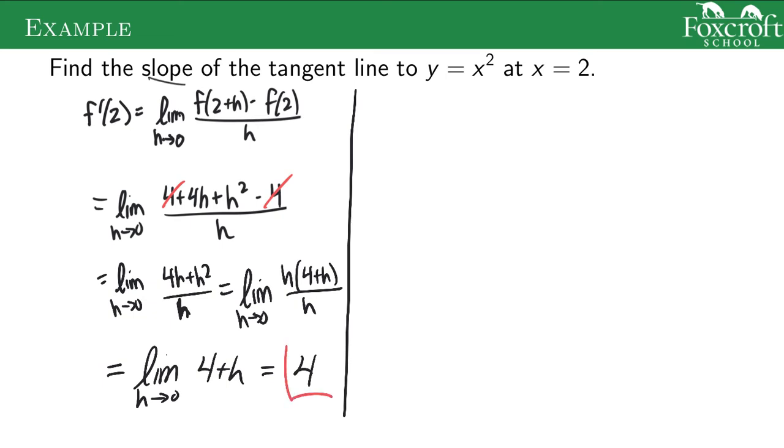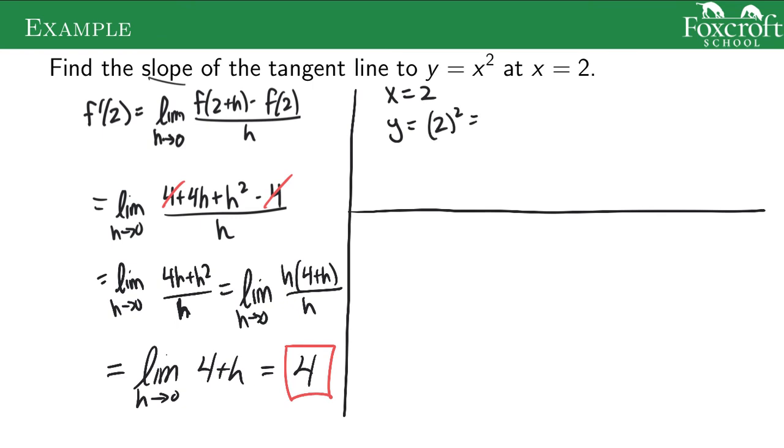All right, so this is going to be part of my final answer. The other part of my answer is the x and y value. Well, that's going to use the original function. So I'm using x equals 2. The y value is what I get when I plug that in, and I get 4. This means if the x value is 2 and the y value is 4, the point (2, 4) is where that tangent line is going to hit my original function.